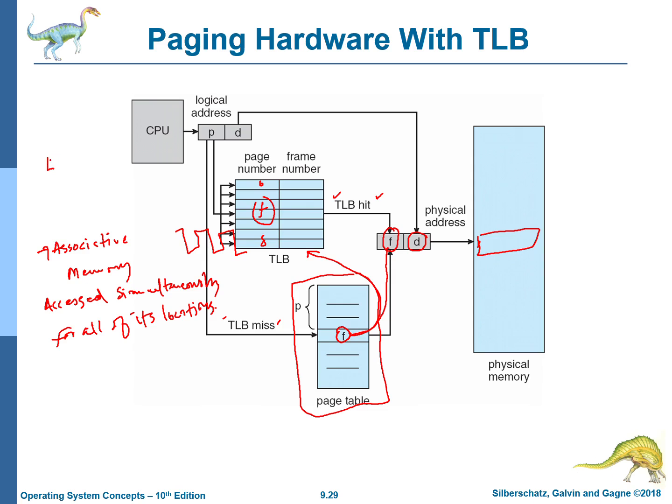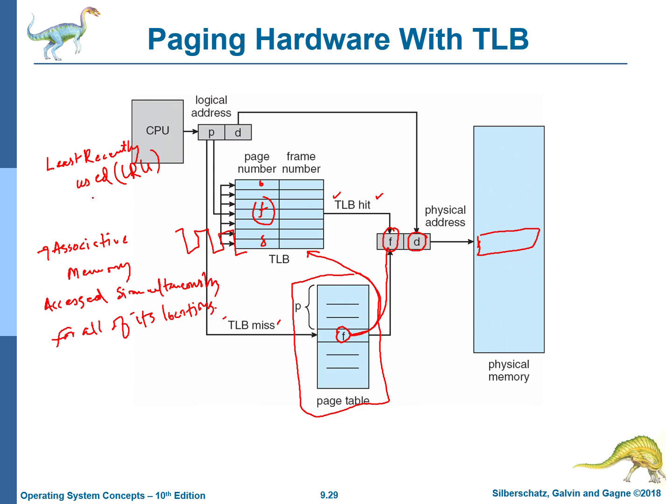Now, the TLB has one algorithm, which is least recently used, LRU. Okay, if all entries in the TLB are full, then the least recently used algorithm is used to replace the old entries with the new entries.